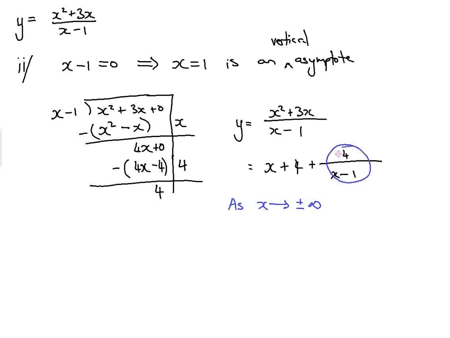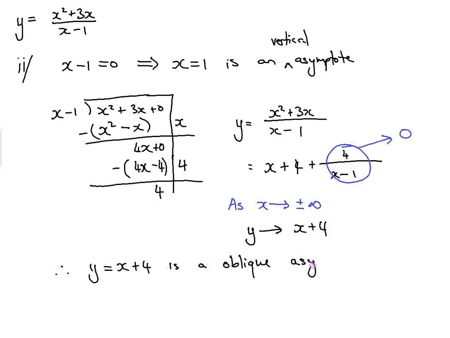This term, the bottom line, starts becoming very large in magnitude, much larger, in fact, than the top line. So this thing tends towards 0. So what can we say about the expression as a whole? We can say that y tends towards x plus 4. So therefore, y equals x plus 4 is an oblique asymptote.